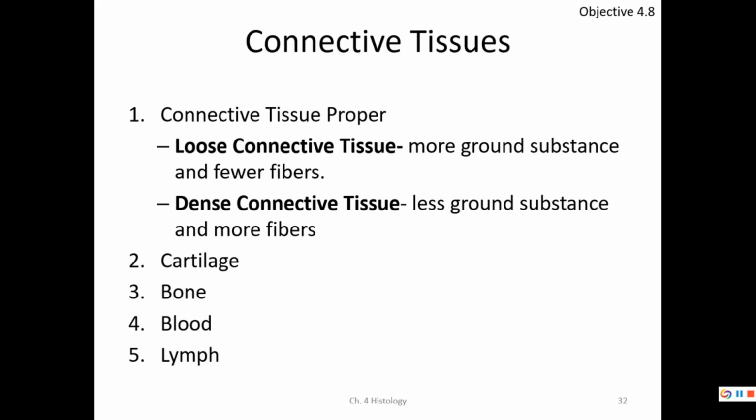This is oftentimes the very squishy things like what makes very soft organs, where dense has less ground substance but a lot of fibers, and these are things like tendons and ligaments that tend to be very tough. Now, cartilage is its own because its connective tissue is so unique, very gelatinous. Bone is also so unique because it has a very hard ground substance, very mineralized material. Blood and lymph are actually 2 fluid connective tissues.